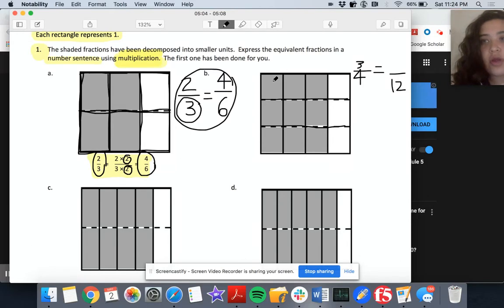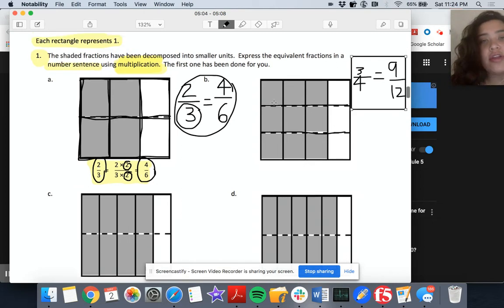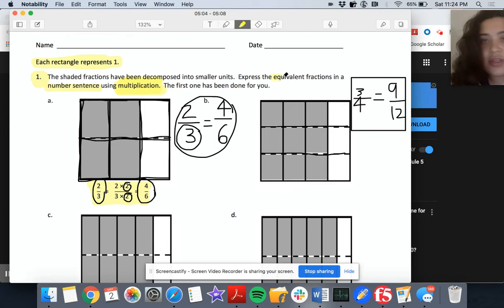Well, we have 1, 2, 3, 4, 5, 6, 7, 8, 9. 9 of those pieces are shaded in. Okay, so we know that 3/4 is equivalent, or is the same as 9/12. So let's be clear really quickly that equivalent means the same, or equal.